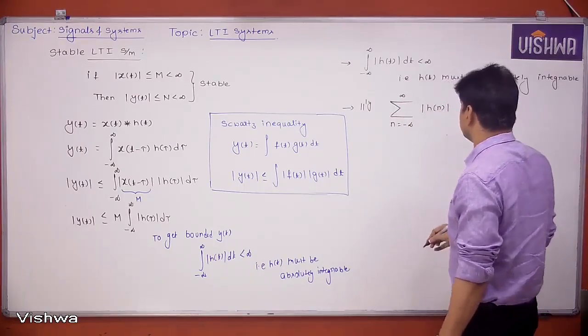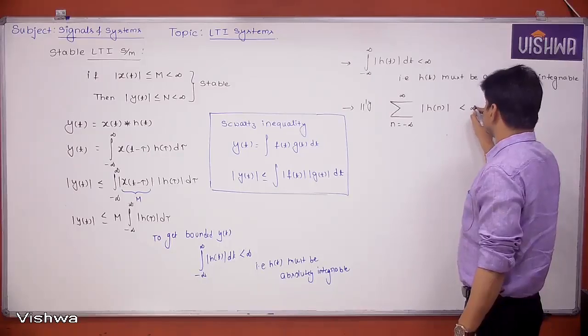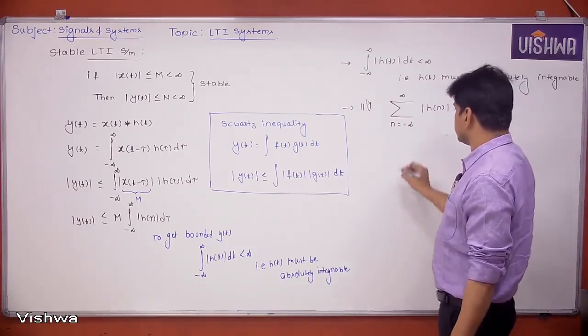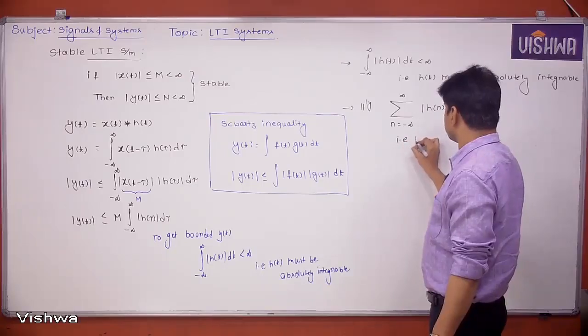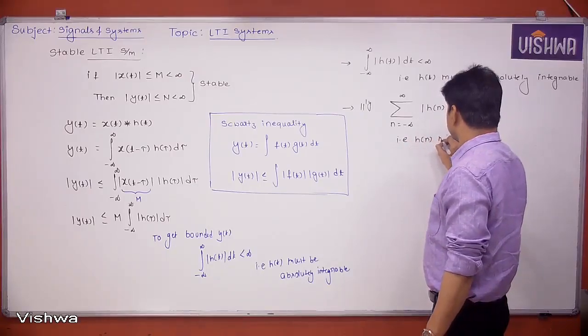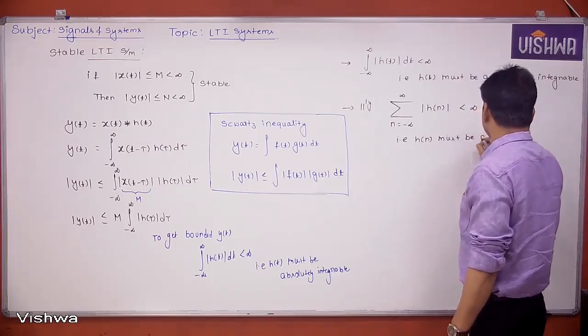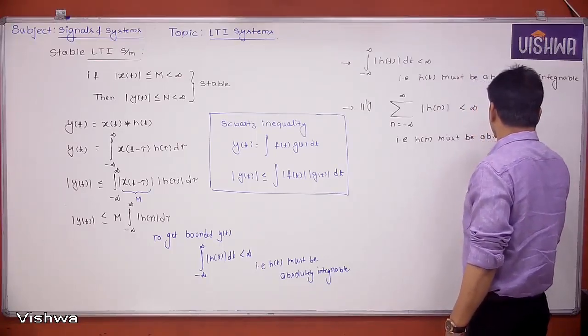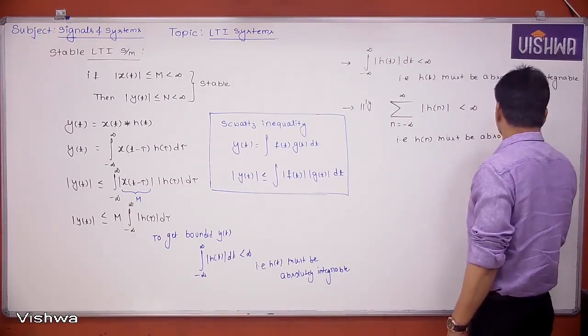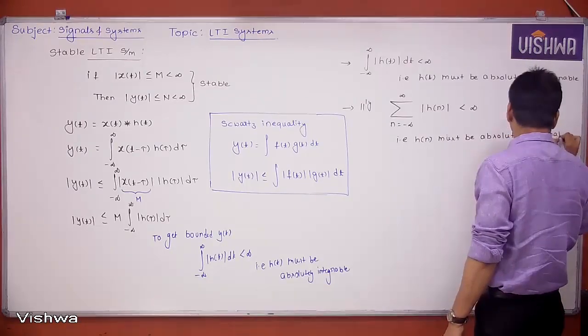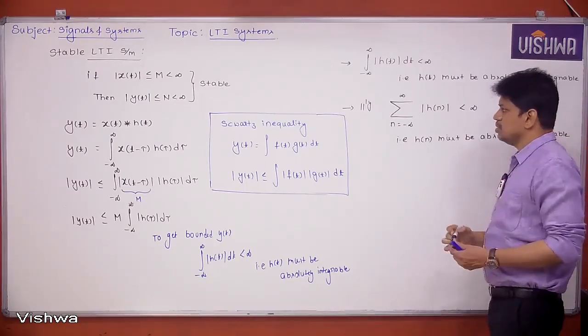If this summation value is less than infinity, then we can say the system is stable. That is, h of n must be absolutely summable. That's the meaning of it, absolutely summable.